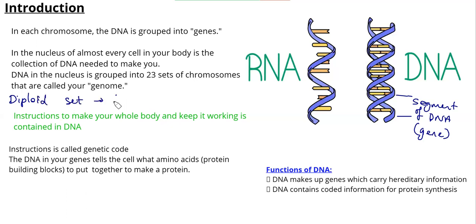These sets are your pairs of chromosomes, so it's 23 pairs of chromosomes, and the instructions to make your whole body and keep it working are contained in the DNA. That's what we need to understand.